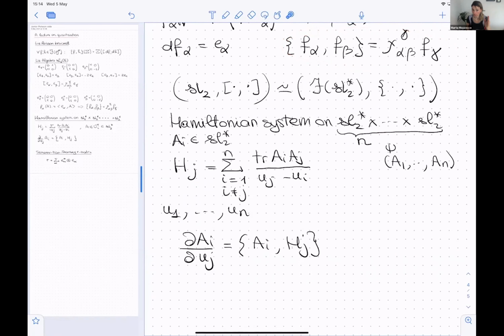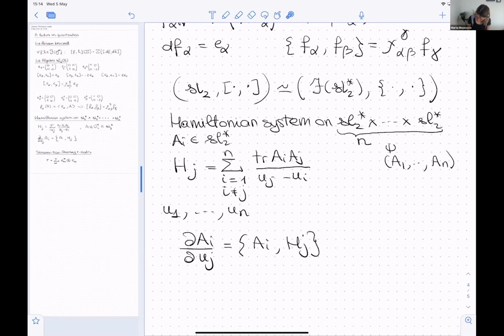on each SL2. What does it mean? It means that if I have two functions, one is a function of the entries of this matrix, and one is a function of the entries of another matrix, they will Poisson commute, because we think of them as lying in different copies of SL2, and we think about these different copies of SL2 as commuting between themselves.